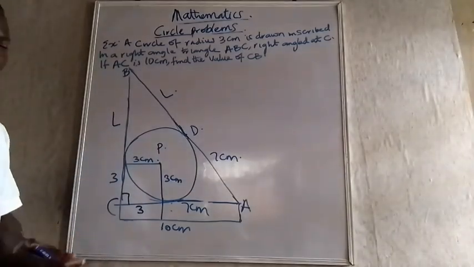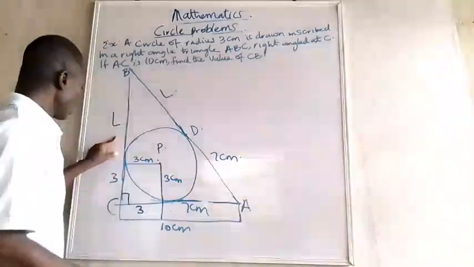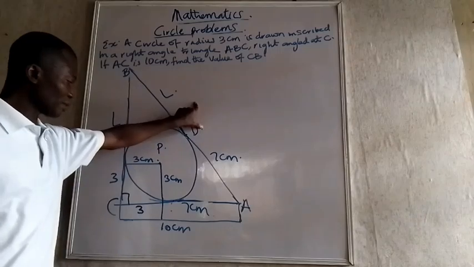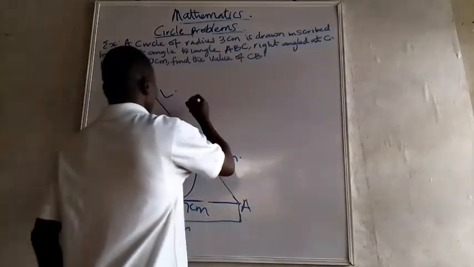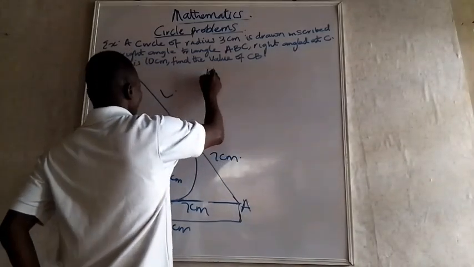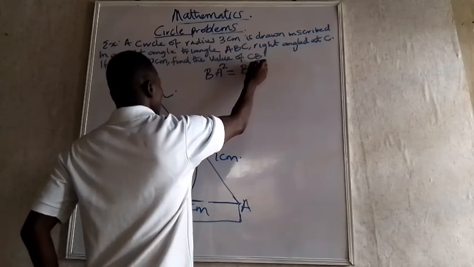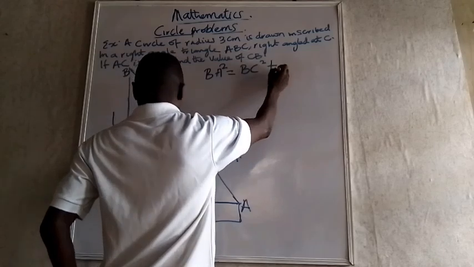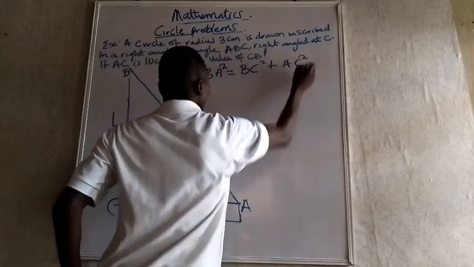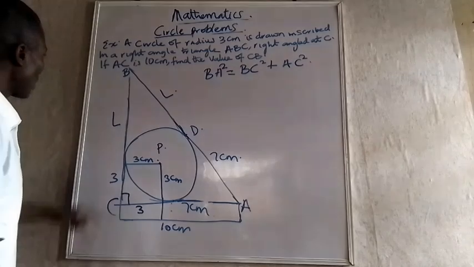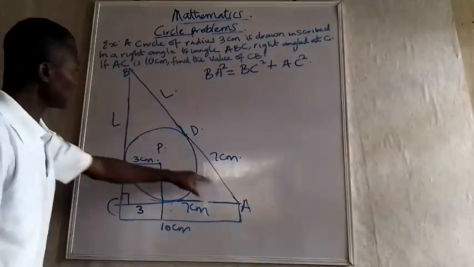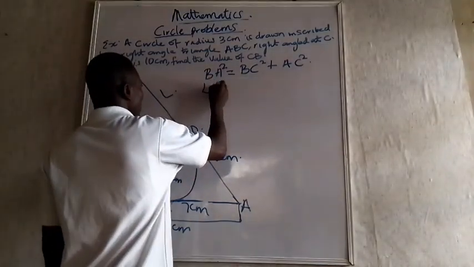By the time you apply Pythagoras theorem, this one and this one should be able to give us this one. So let's go on. So you can see that BA squared is equal to BC squared plus AC squared. And what is BA? BA is going to be L plus 7.